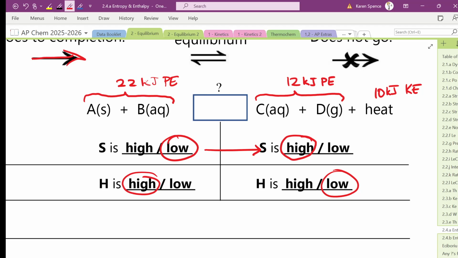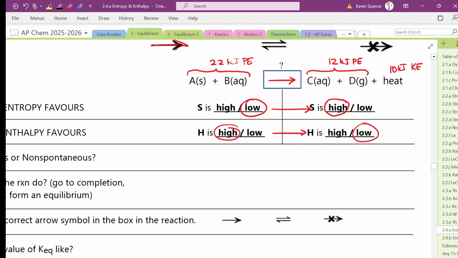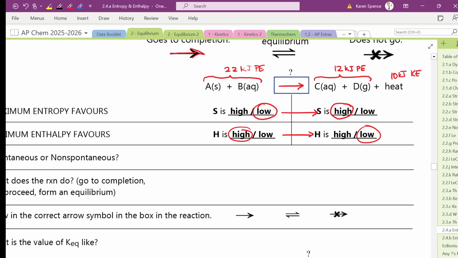Which way is enthalpy pushing? Towards the products. So what kind of arrow should we have? We should have a one-way arrow. Is this reaction spontaneous or non-spontaneous? Spontaneous.